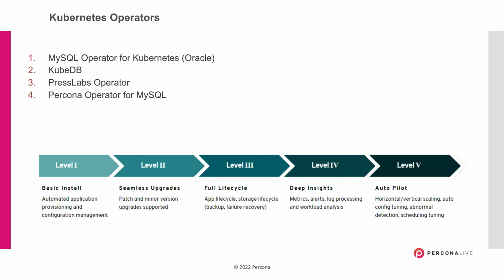It ranges from level 1, where the operator just helps you do a basic installation of some software, to level 5, which is the holy grail, the ultimate goal of operator makers: to make an autopilot for some application. That includes things like automatic scaling, but also ideally automatic configuration tuning and workload tuning based on what is happening. Of course, I wouldn't say that any operator is there yet. This is more like where all operators would like to be, so be aware.